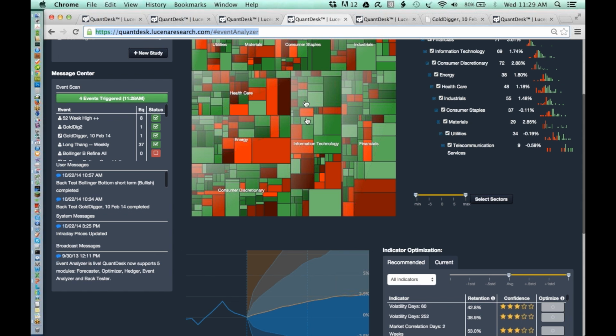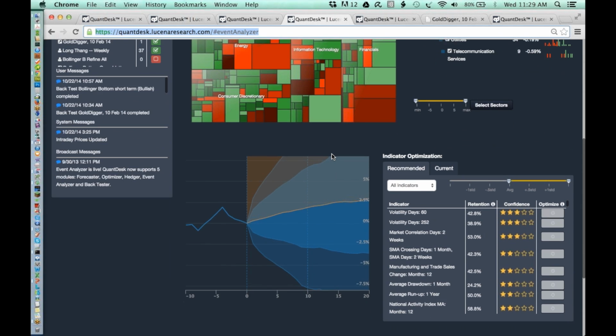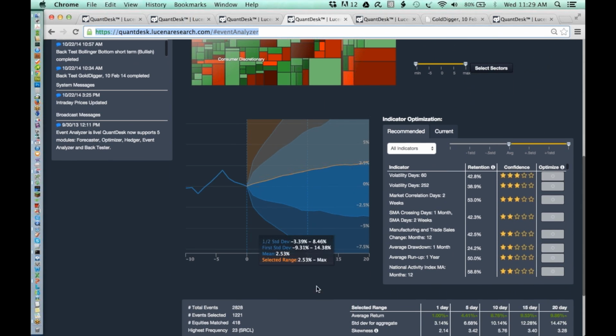What does that look like when we run the study? Here's the result. This is the date the event is checked for. The factors Aroon up and Aroon down both having to be satisfied cause this sort of odd pattern here just before the event.